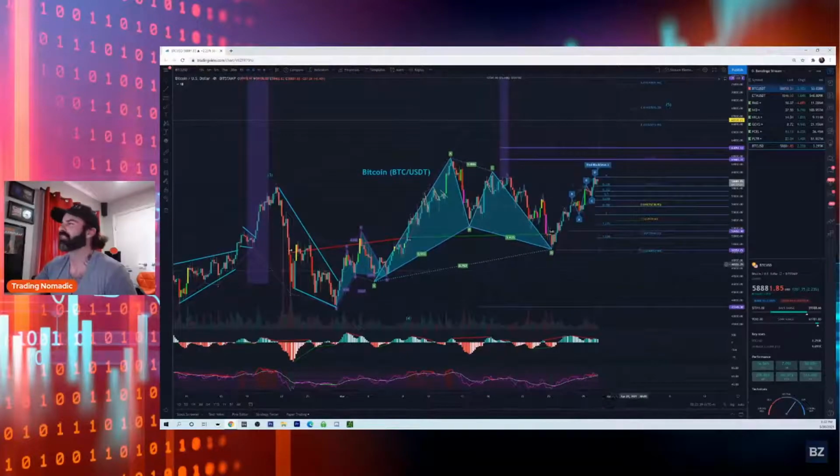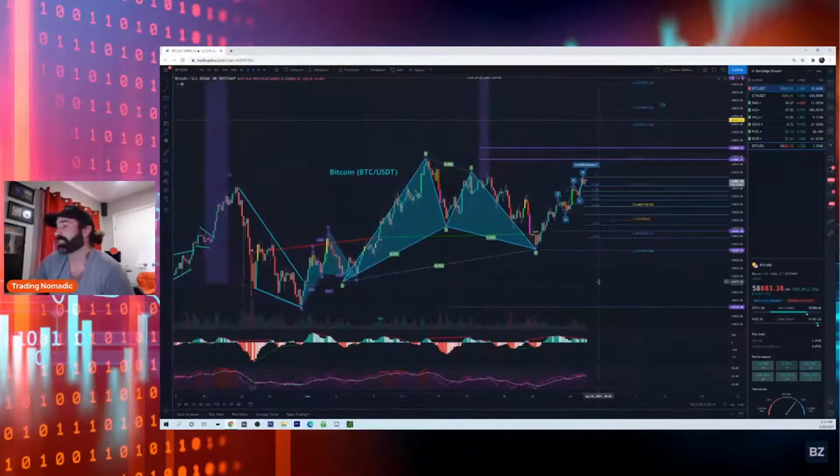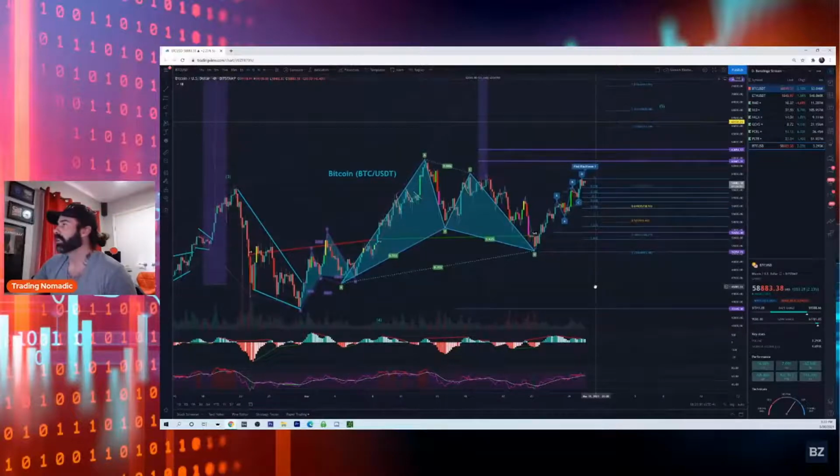I look to the daily to confirm what I'm seeing on the 4-hour chart. And if I want to add to it, I'll go to the weekly. And if the 4-hour, the daily, and the weekly chart are all telling me we're looking for higher prices, well, that's a trade I want to take.